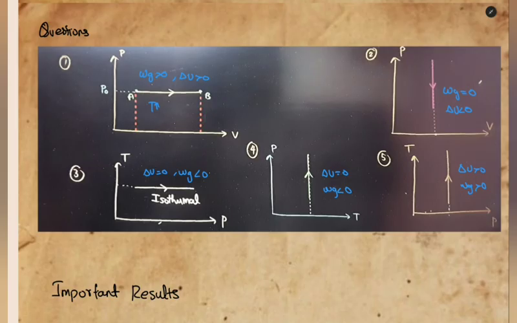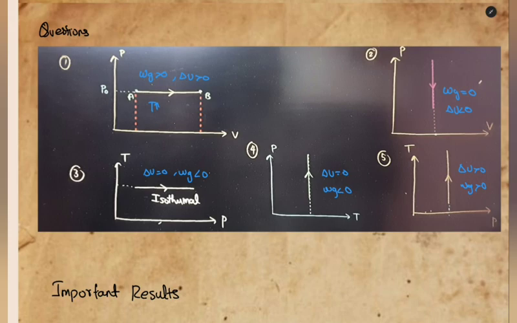Now what about temperature versus pressure? When pressure increases, it doesn't affect the work done by gas for sure. But when temperature is constant and pressure is increasing, volume should be decreasing for sure.